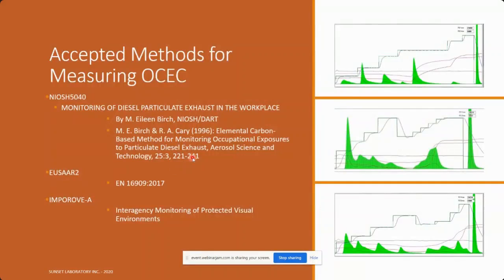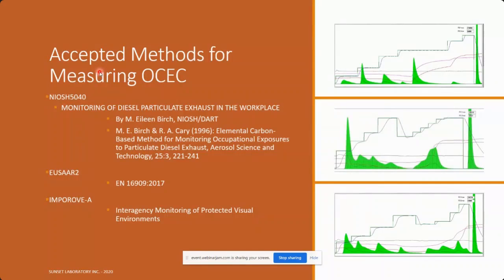After the initial acceptance of the NIOSH method, a couple more methods have been developed. Most notably, there is the NIOSH method, which you can find in the NIOSH manual of analytical methods.